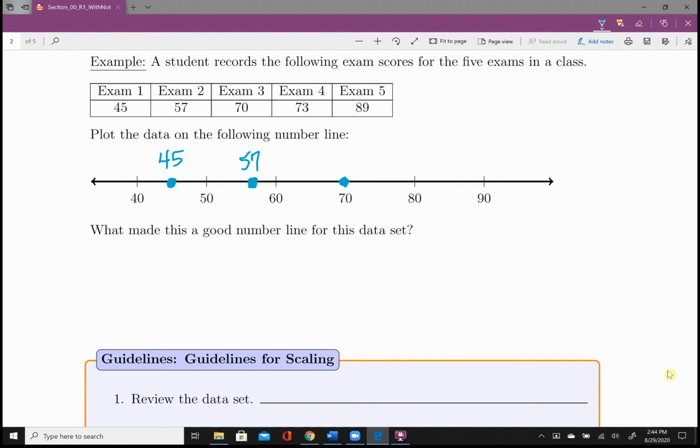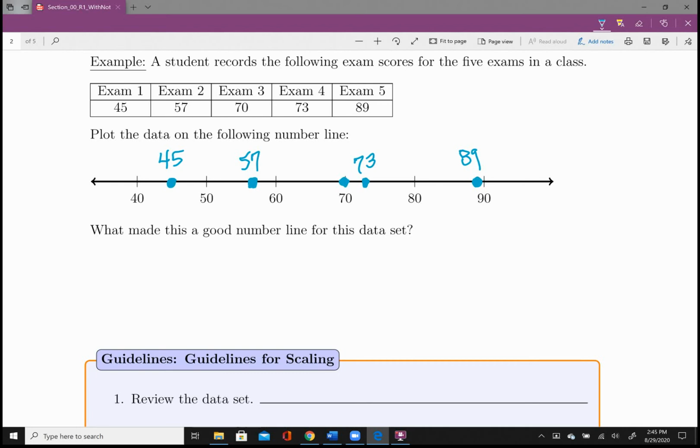Exam 4 is 73, so try and estimate about halfway between 70 and 80, but then go slightly to the left to indicate that you are a little bit less than 75. Here's 73 approximately. And then lastly, our highest exam score was 89. Now that is practically on the 90, but not quite. So just make sure you are to the left slightly of the 90. Label it, of course. And we're good. Cool.